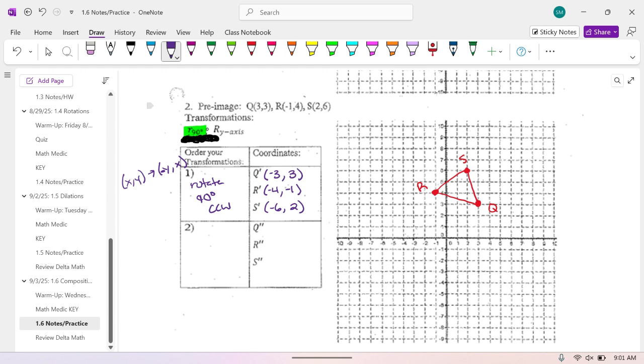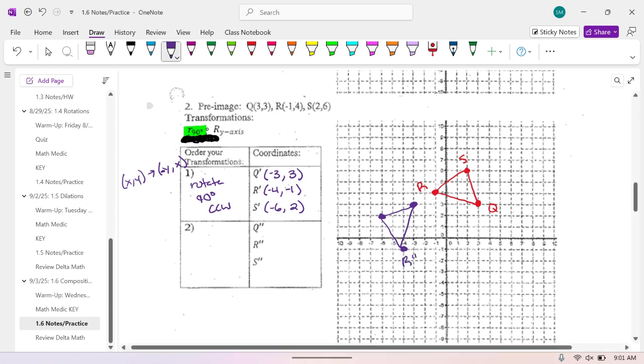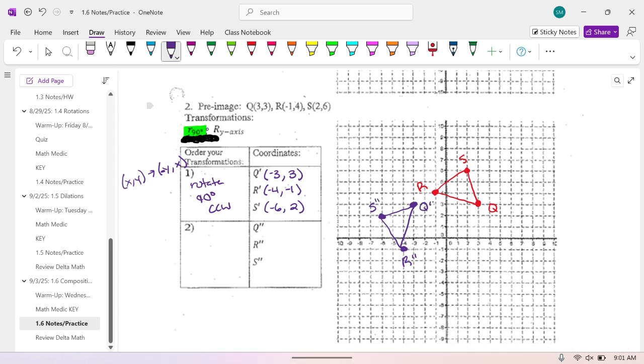All right, take a minute to plot that. And guys, there's no right way to do this.